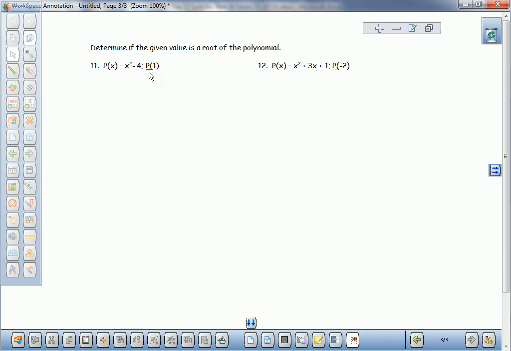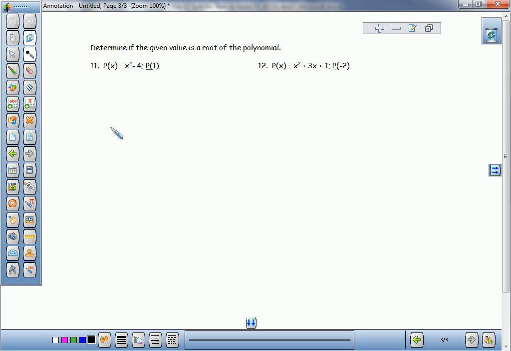Okay, so just like when we take the number and do the opposite and put it on the table, this is what we did to find if an expression is a factor of the polynomial. But to find out if we have a root of the polynomial, there's a quicker way to do it.